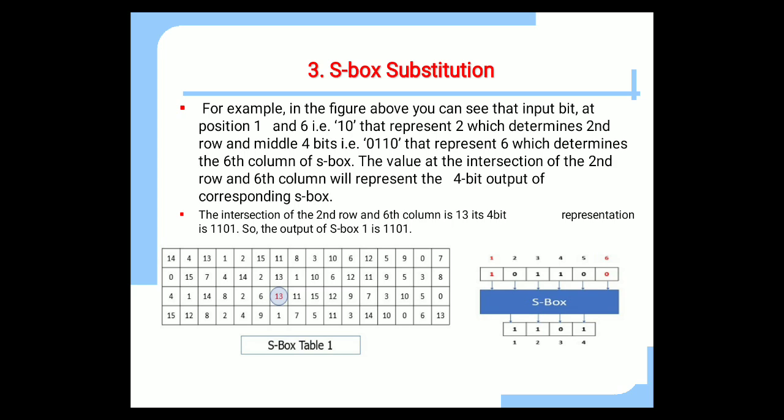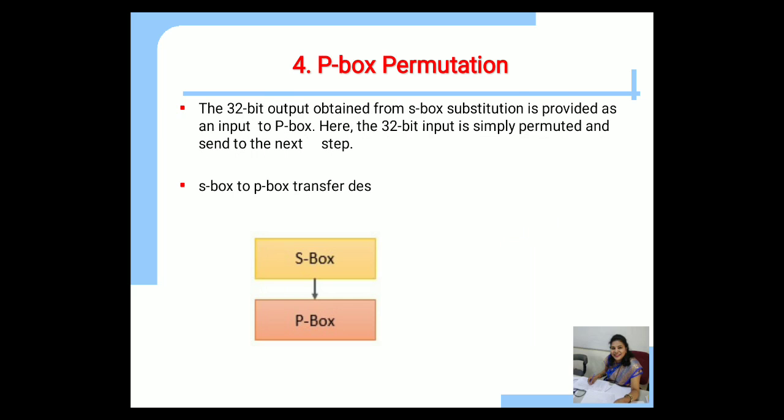And the columns are also from 0 to 15. That's why we take the second row and the 6th column; the second row is 4 1 14 8 2 and so on, and the 6th column intersection gives 13. So here the output will be 1 1 0 1. We are going to practice that also in your live session.